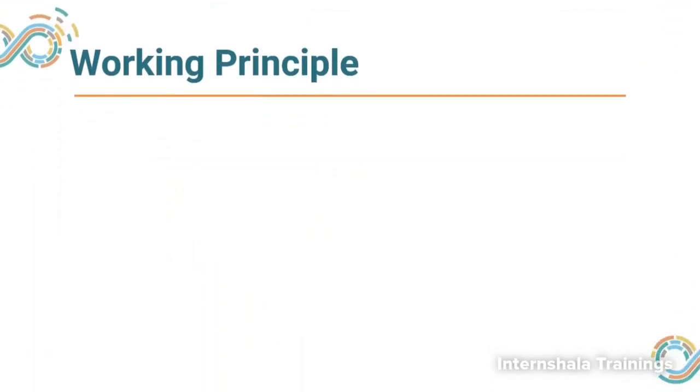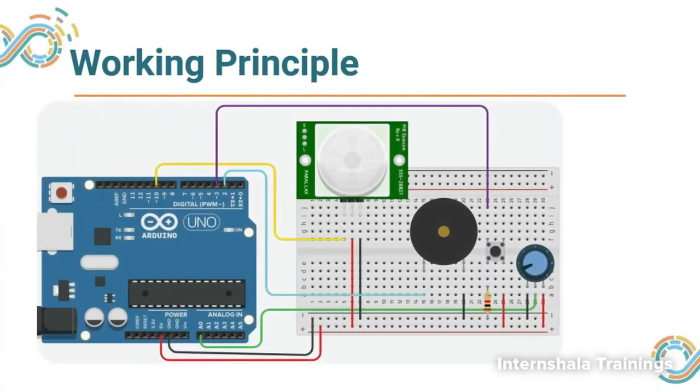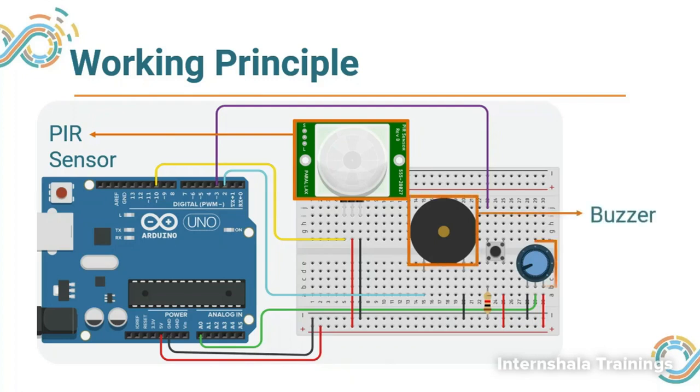So let us look at our project now. So this is the circuit diagram, and we have the PIR sensor which is going to detect the heat source movement like a person or animal entering our premises. We have a buzzer to raise the alarm.